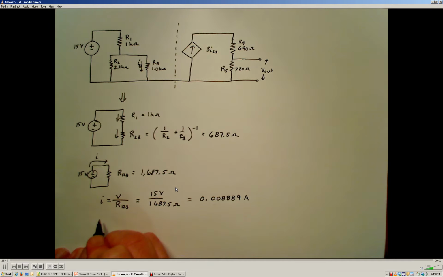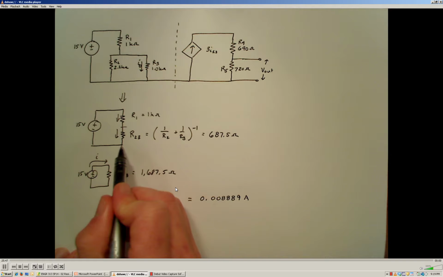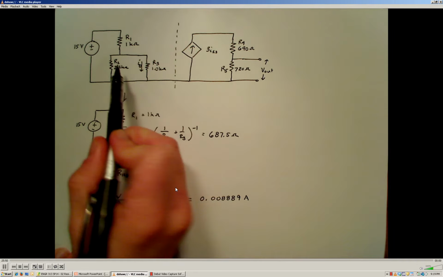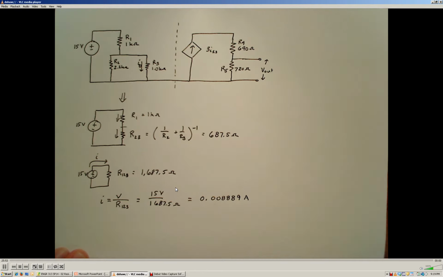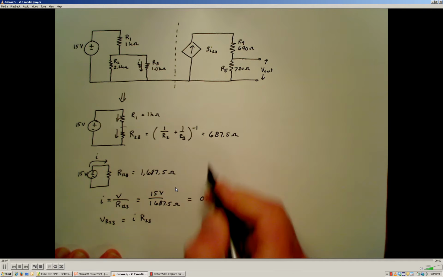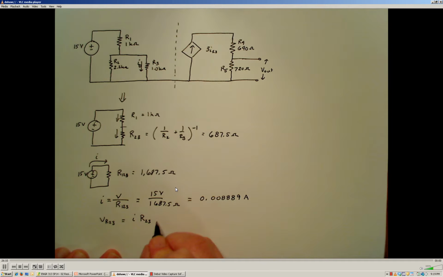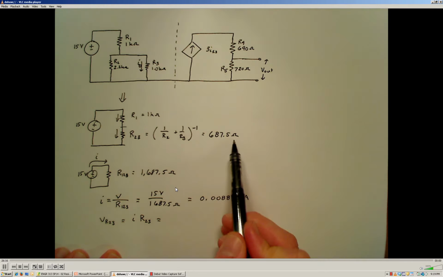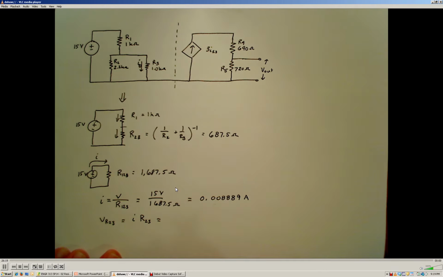That voltage, which will be the same as across R2 and R3, is given again by Ohm's law: the current times the resistance of the combined R2 and R3. So we take this current value and multiply it by 687.5, and I get a value of 6.111 repeating volts.